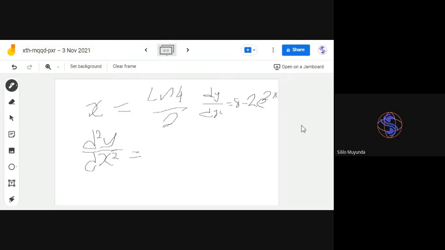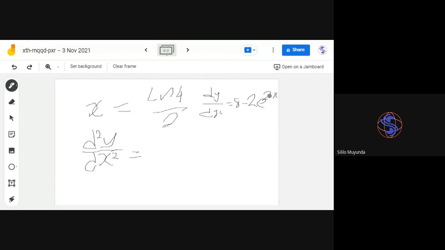Hmm, okay. How do you even find the derivative of this? So this would be a 0, right? Will this be a 0 or a 1? And then what will happen to this?